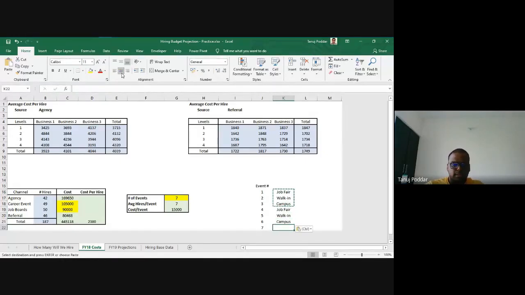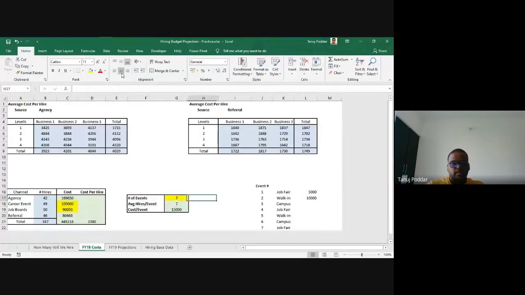So for each of these, I incurred some kind of cost, 5,000, 10,000, and so on, right? So all this adds up to about 1,05,000.